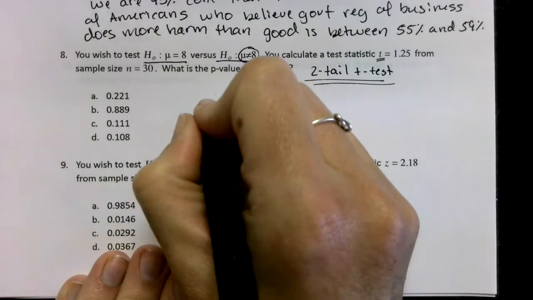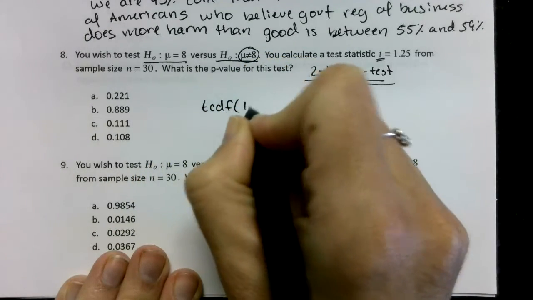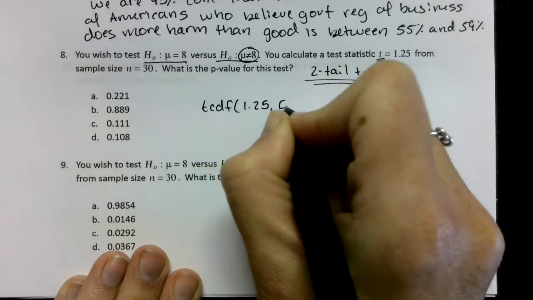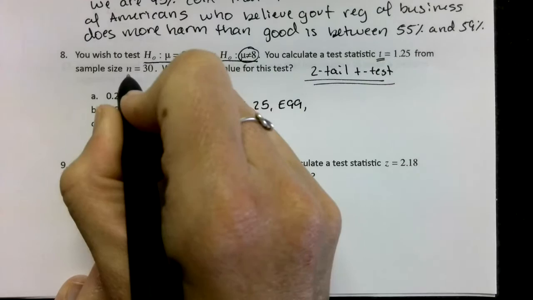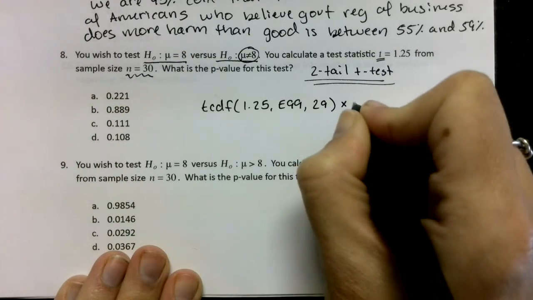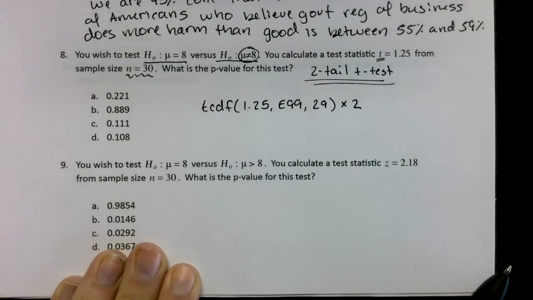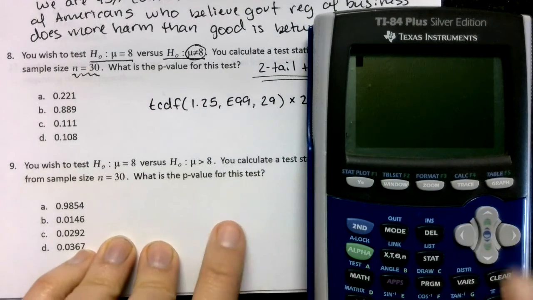So my formula sheet said that I'm going to do TCDF. I'm going to do my test statistic to E99, and then degrees of freedom. So degrees of freedom is n minus 1, my sample size minus 1, so 29. And then because it's a two-tailed test, I have to multiply it by 2. So in my calculator, here's what this is going to look like.